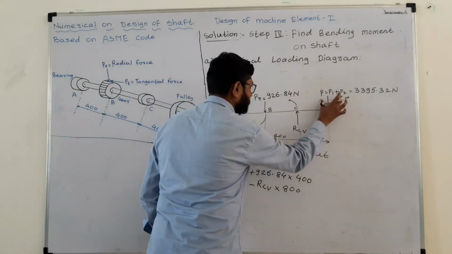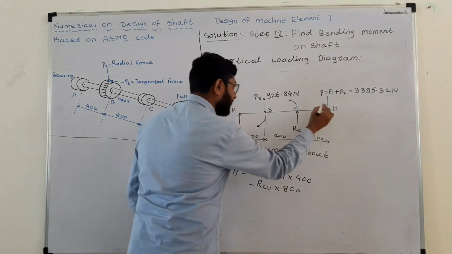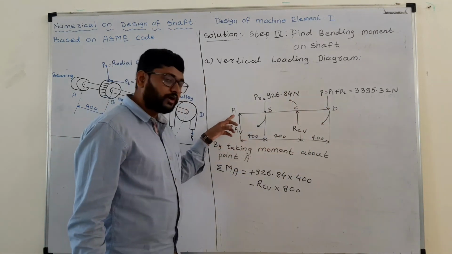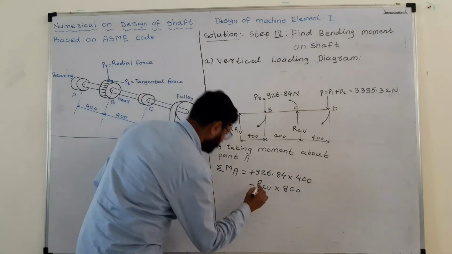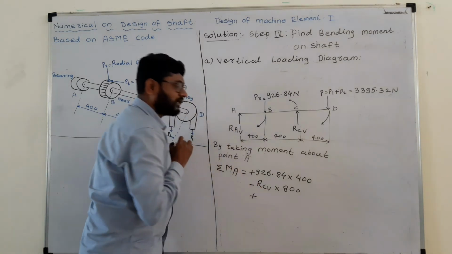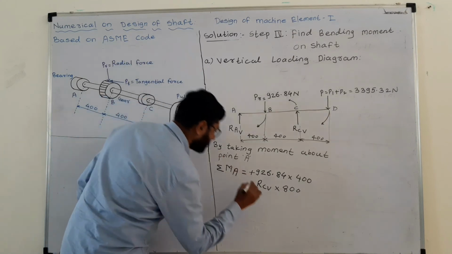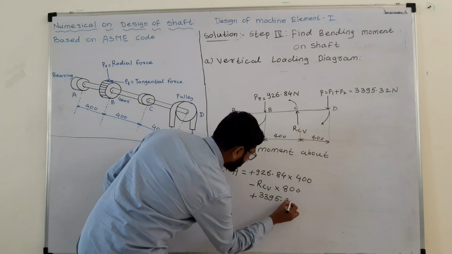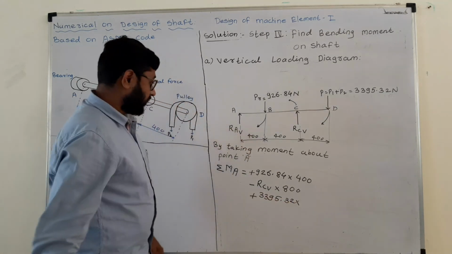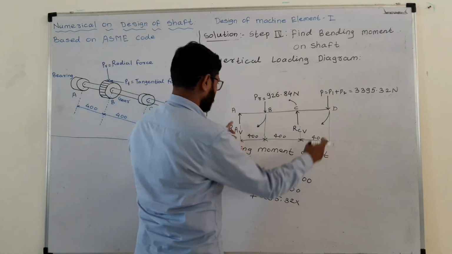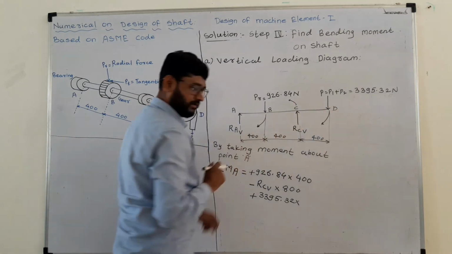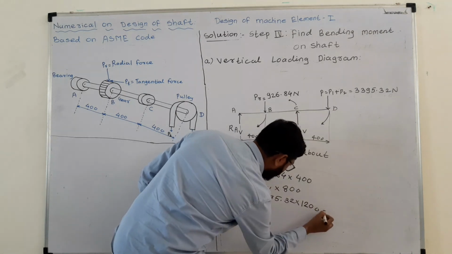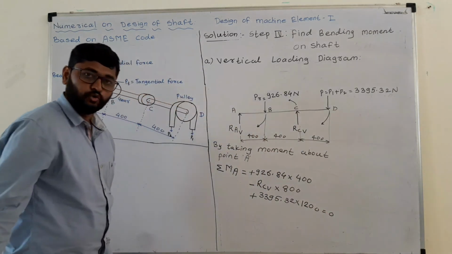And the last force P again is acting clockwise towards point A, means consider positive, plus 3395.32 into perpendicular distance between point A and D, which is 1200, is equal to 0.